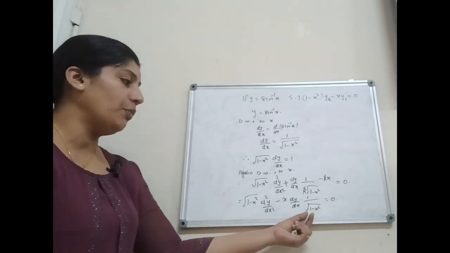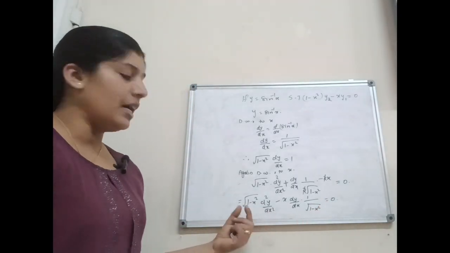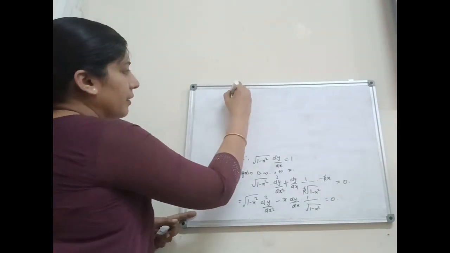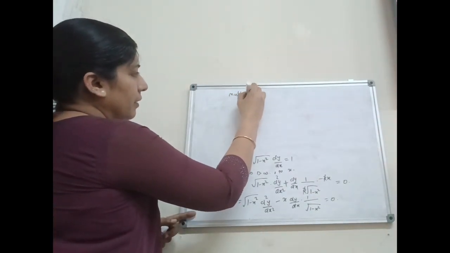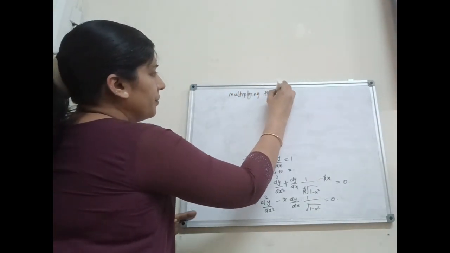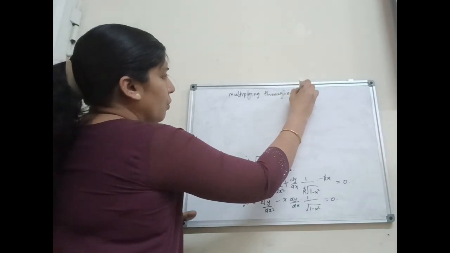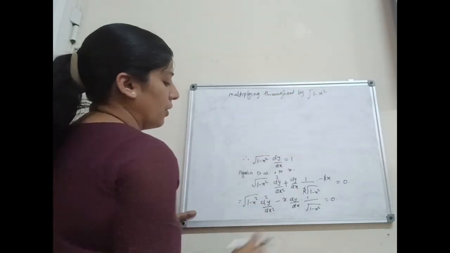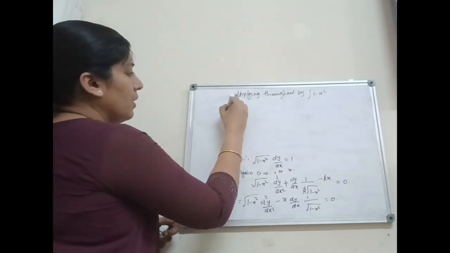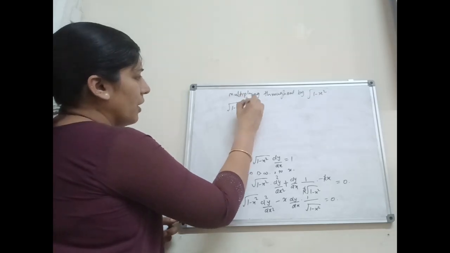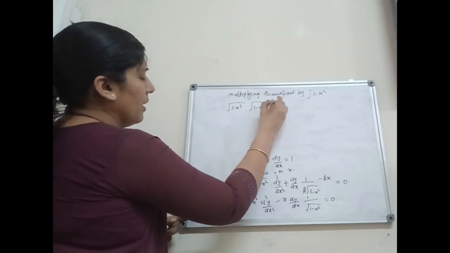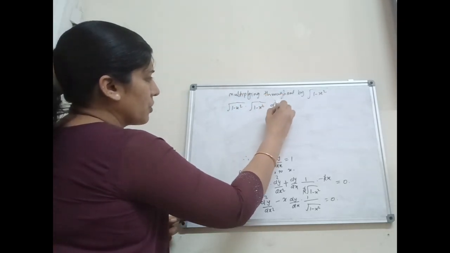Next, multiplying throughout by root of 1 minus x square. Here, the first term is root of 1 minus x square into root of 1 minus x square into d square y by dx square.